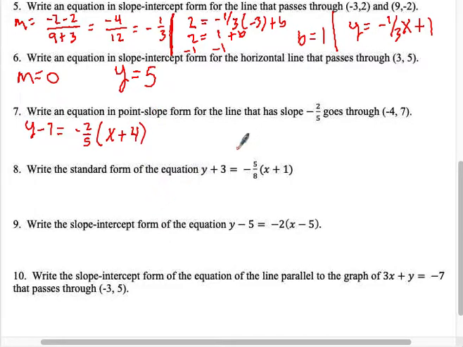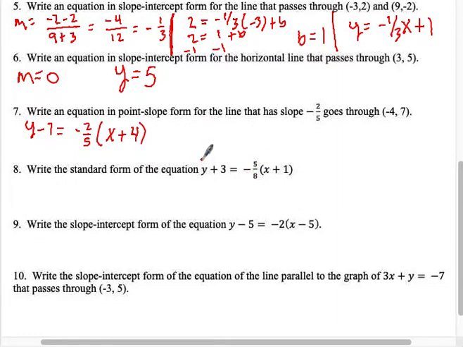Okay? So what form is this equation here given to us? Point slope. And what form do we need to get it into? Standard. So there are some rules about standard form. I know that in standard form, I can't have a fraction in front of my x variable. In fact, I can't have a fraction anywhere in it. So I need to get rid of the fraction. I also know that my x variable needs to be positive, so I need to get rid of a negative symbol here.